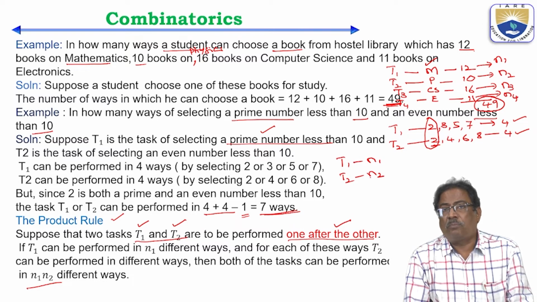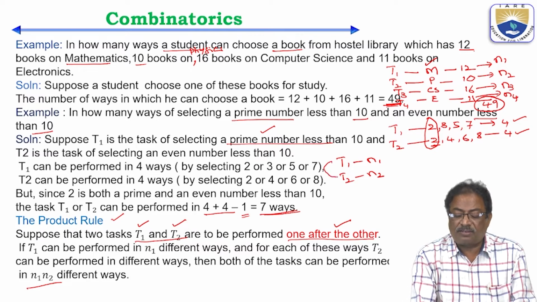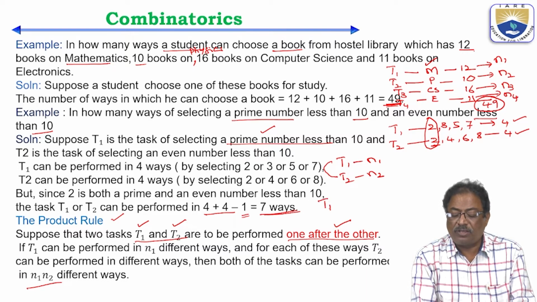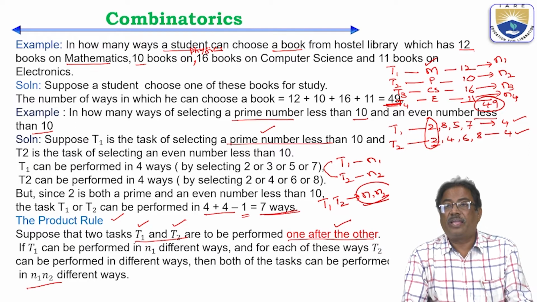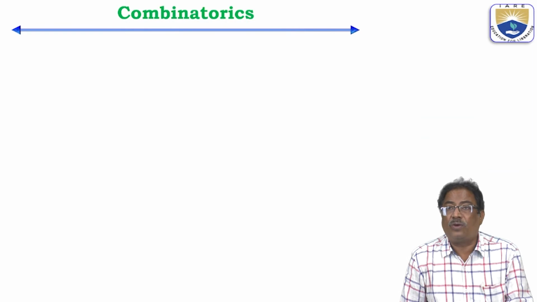The sum rule is that any one of these two is going to be performed. Now the product rule is one task after the other. After performing T1, we perform T2. So it is N1 into N2 ways.